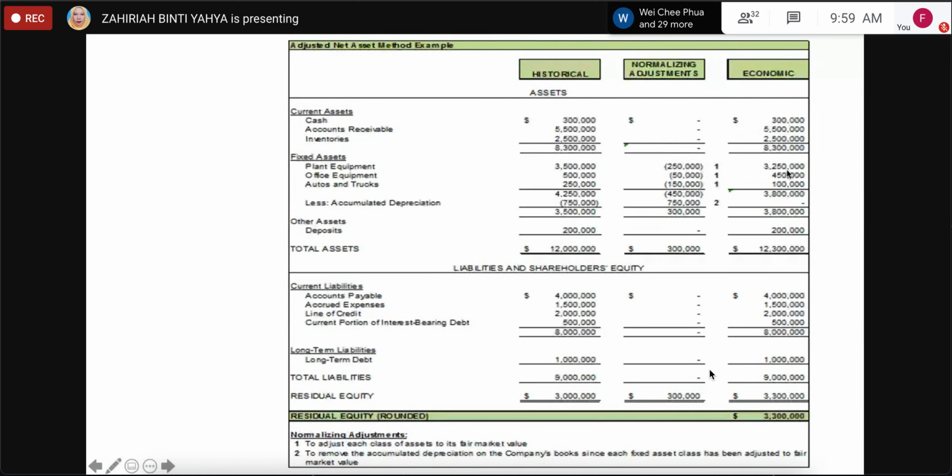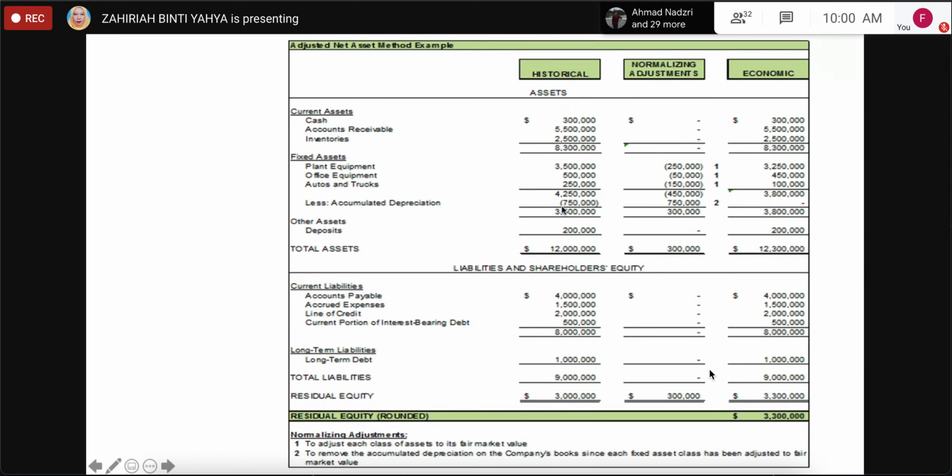Let's go to office equipment ya, as well as kenderaan ya, autos and truck and so on ya. Okay. So ya, kalau dalam the account ya, dia akan ada accumulated depreciation ya.